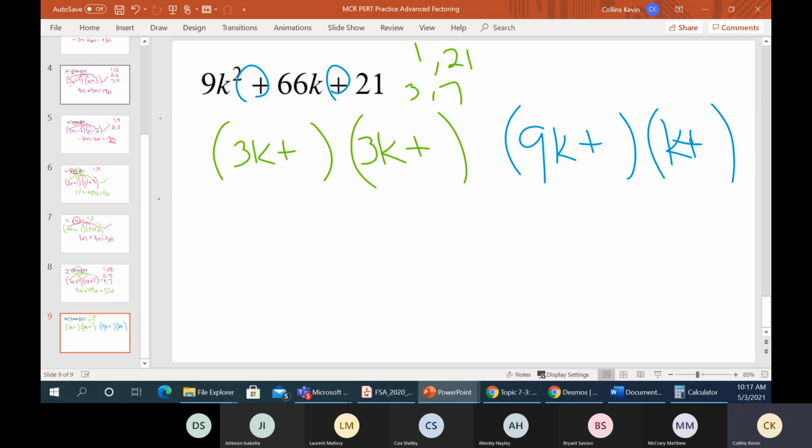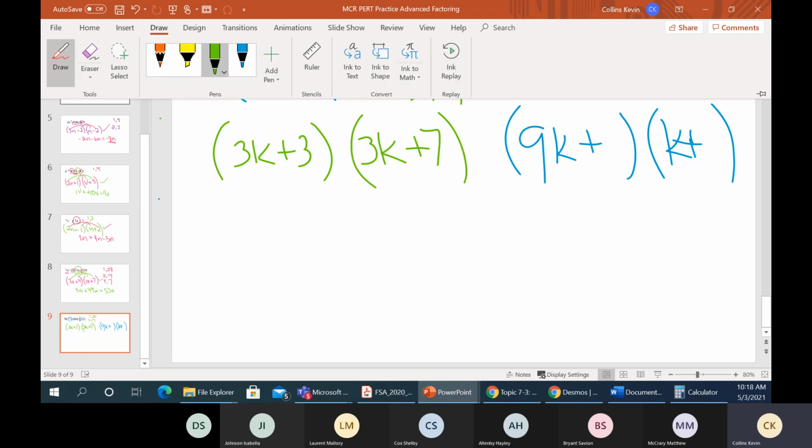Let's try the green. Okay. So since they're both 3, it doesn't really matter what order we put them in, right? So we're going to try this. We're going to do 3 and 7. All right, so let's do some inside-outside stuff. See what happens.